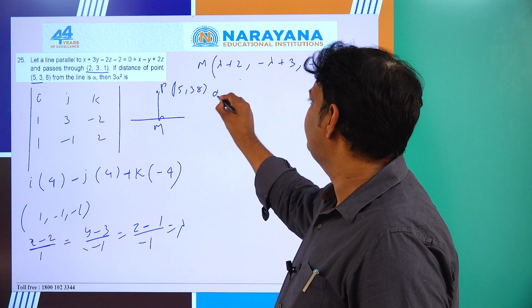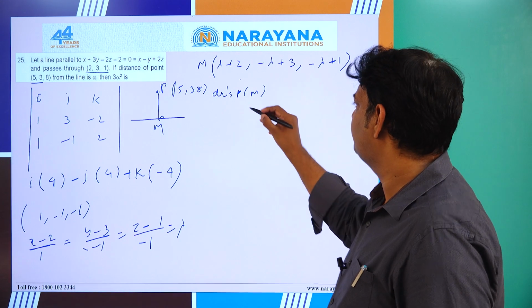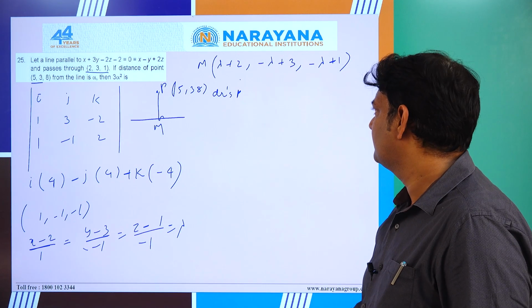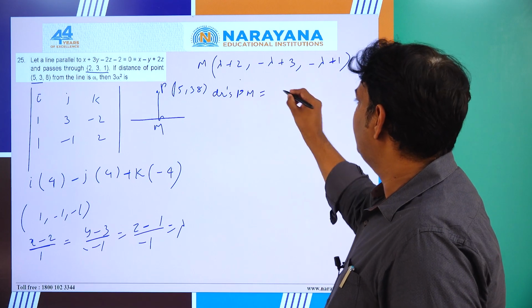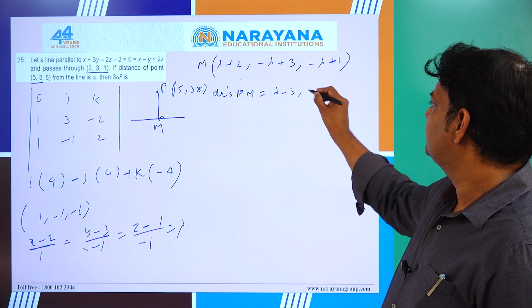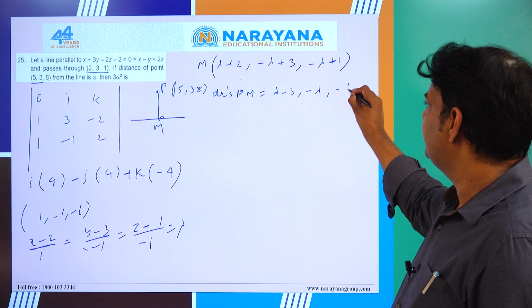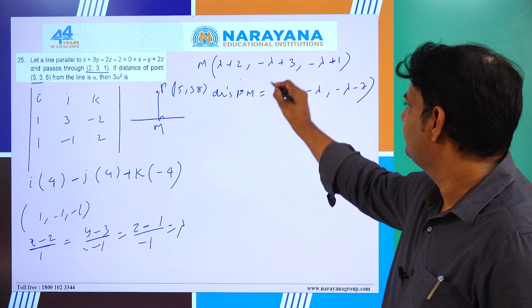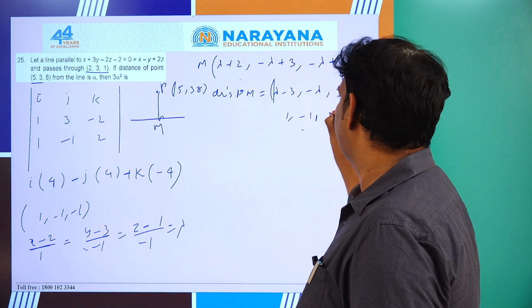What are the DRs of PM? (lambda - 3, -lambda, -lambda - 7). And what are the DRs of the line we got? 1, -1, -1.